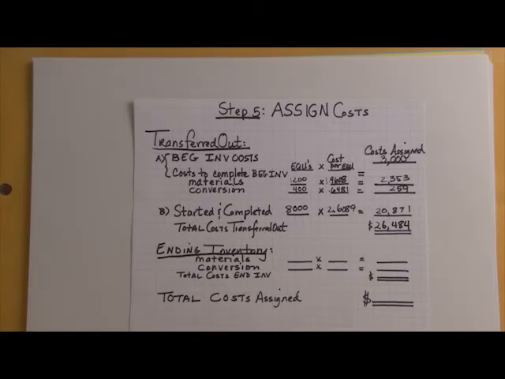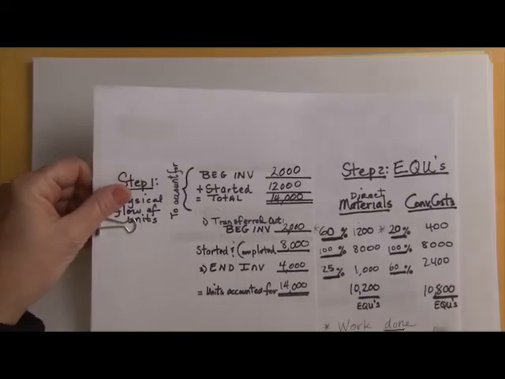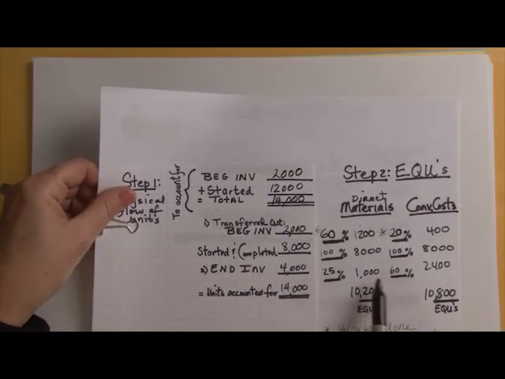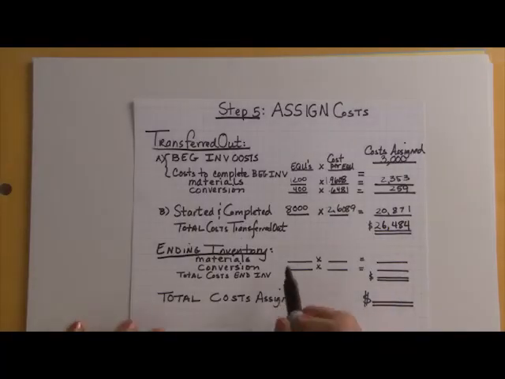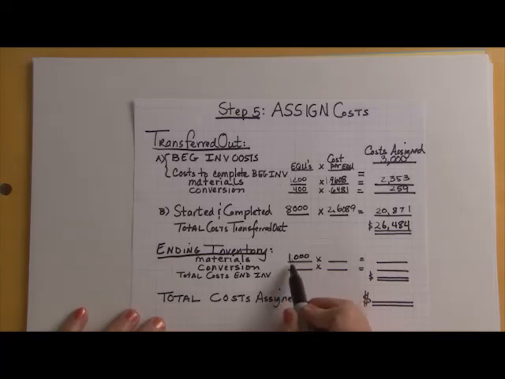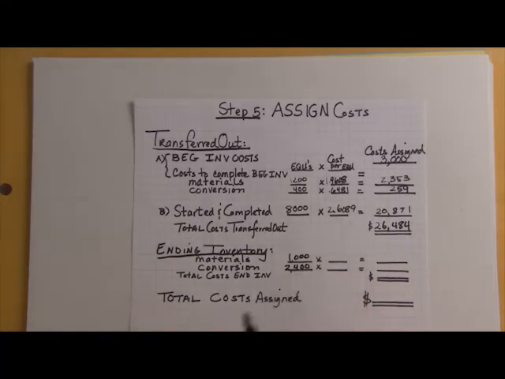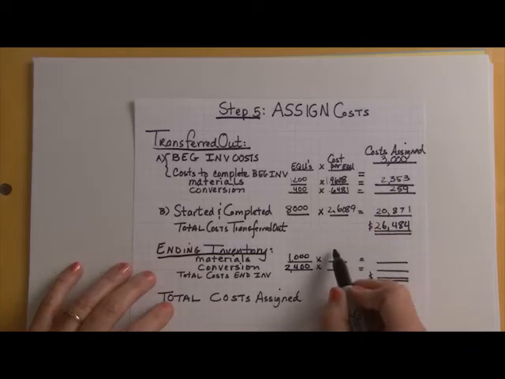Ending inventory, let's go back and look at our equivalent units. We had 1,000 and 2,400, and there's nothing new here. We just have to multiply by the appropriate cost.